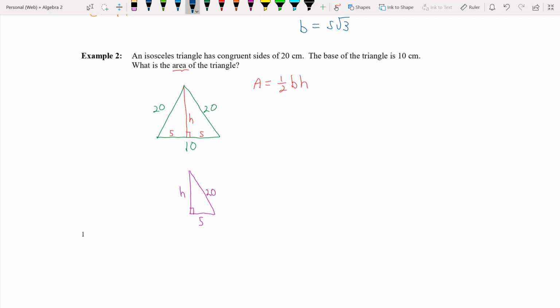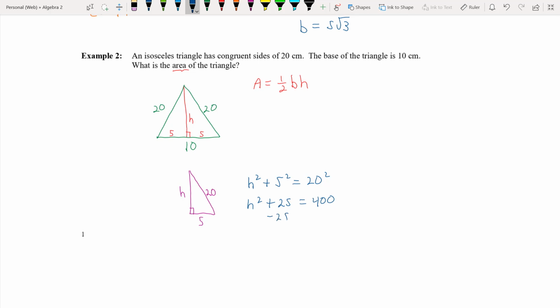If I look at just this piece, all I need to do is plug this into the Pythagorean Theorem to solve for H. So I'm going to do H squared plus 5 squared equals 20 squared. This is H squared plus 25 equals 400.